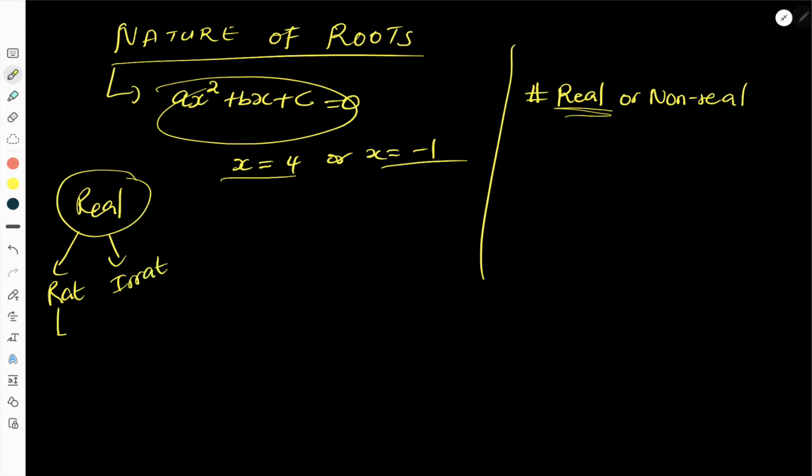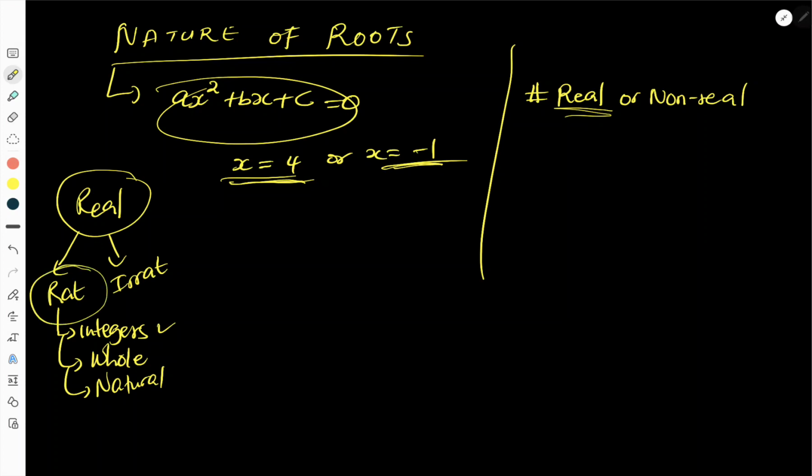Under rational, we have integers, whole numbers, and natural numbers. So for example, x is equal to 4 and x is equal to -1 are real because they fall under integers. -1 is an integer, and 4 is an integer, so they are rational and also real.